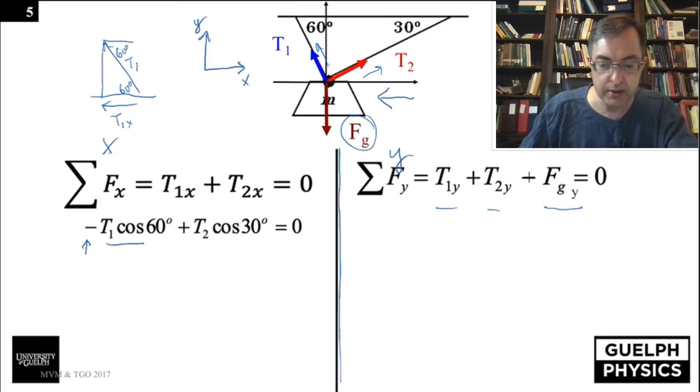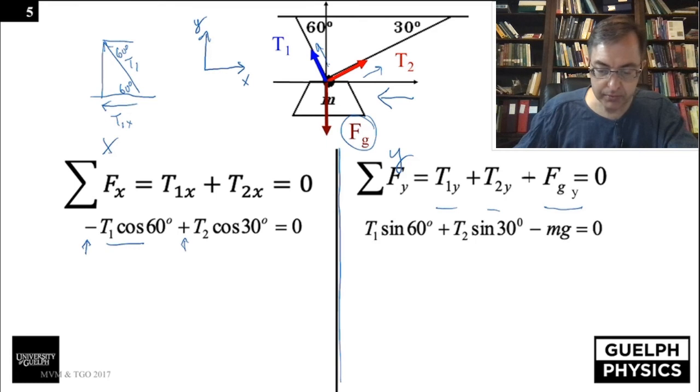T2, on the other hand, is exactly the same diagram except the angle is 30 degrees. T2x is T2 cosine 30 degrees with a positive sign because it points to the right. And then I can solve now for the y component.